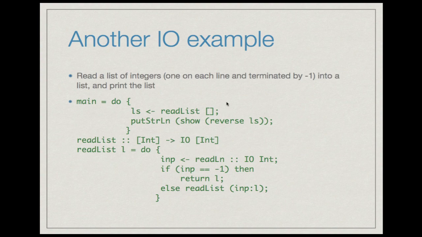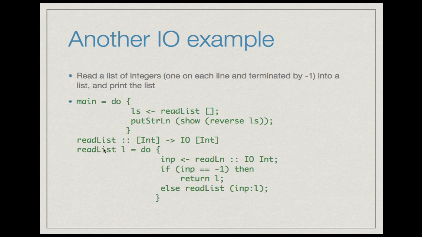So it produces some side effects, and its return value is a list of integers, which is what is bound to ls here. And then it so happens that readList reads the list in reverse order. So we show the reverse of ls and invoke putStrLn on it. In this way, we read a bunch of integers, one on each line, and output them as a list.